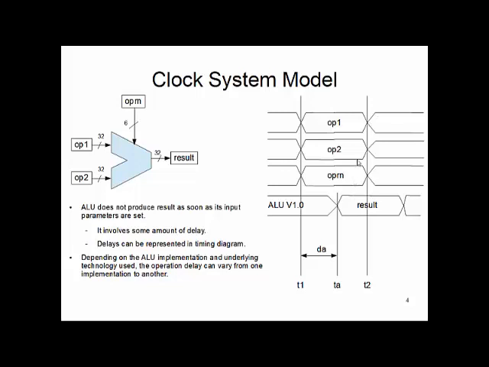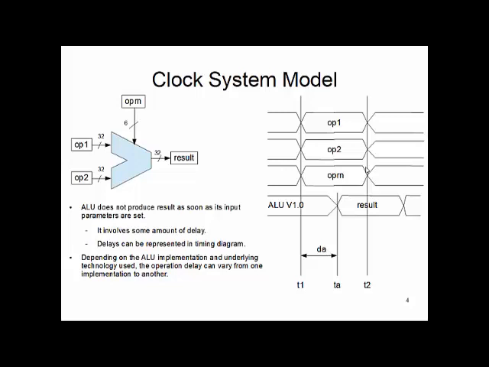By looking at this timing diagram, what we can say is that when we present some operation and operands to the ALU, it takes dA amount of time to compute them and present the result at some time after T1, and we can compute TA equals T1 plus delay dA. And at T2 we take that down and change to the next value.